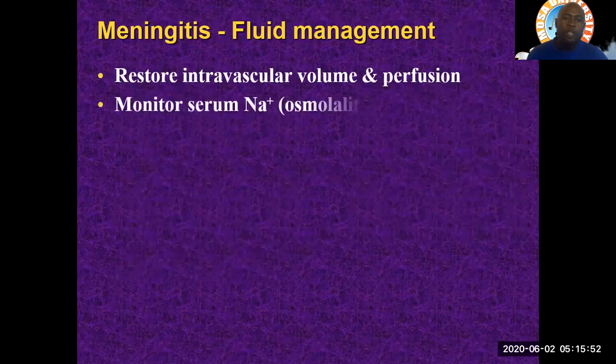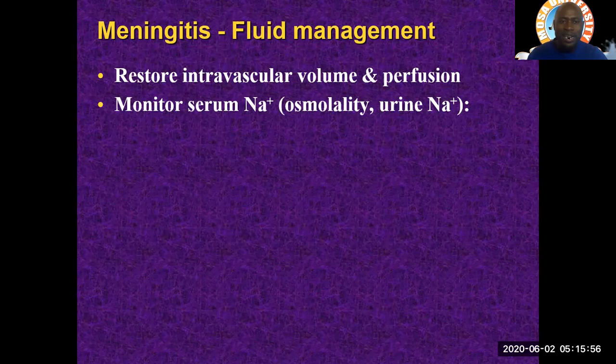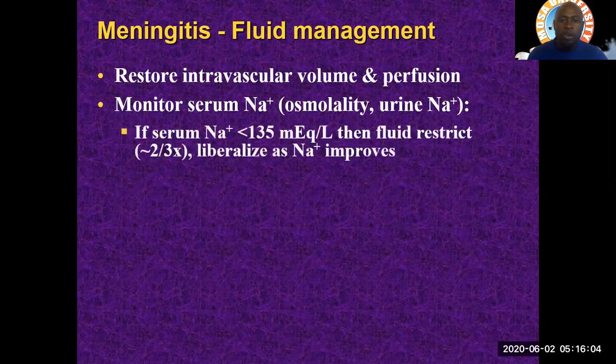So fluid management in these patients with meningitis. The goal is to restore what? The intravascular volume and to increase the perfusion. But most important of all, if we are giving fluids in meningitis, we have to monitor the serum sodium. Also, we will do this monitoring through what? The urine output. Okay?